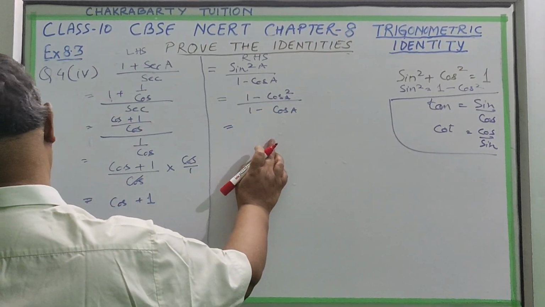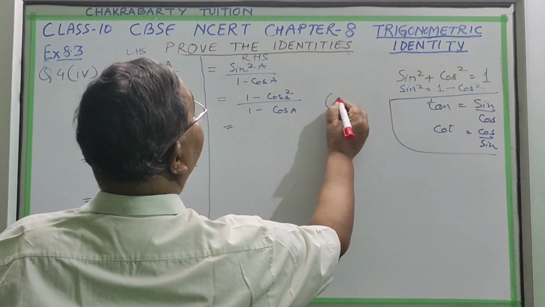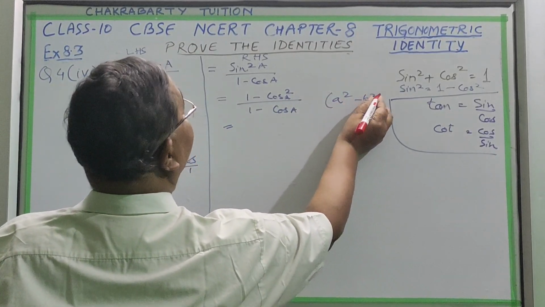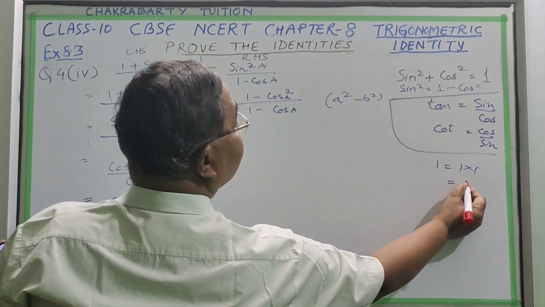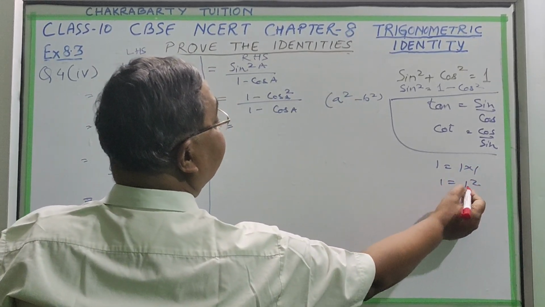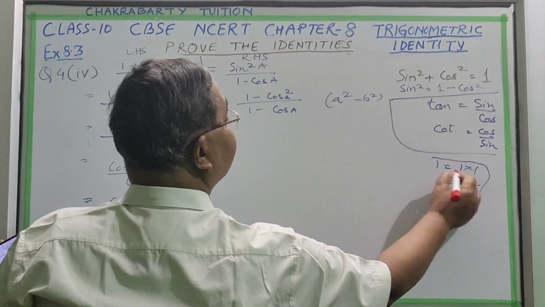Here identity we can use a square minus b square, because 1 we can treat as 1 square. It is 1's special property.